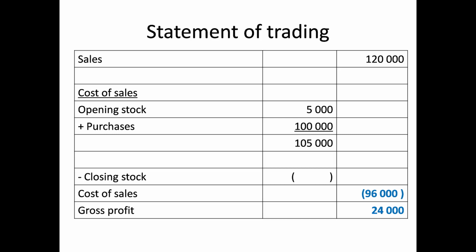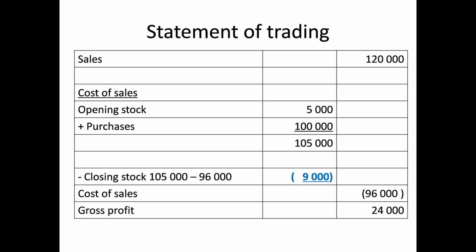Then it's very clear that the closing stock equals 105,000 minus 96,000. Now enter the closing stock amount. The closing stock is the difference between 105,000 and 96,000. So the closing stock value is 9,000.